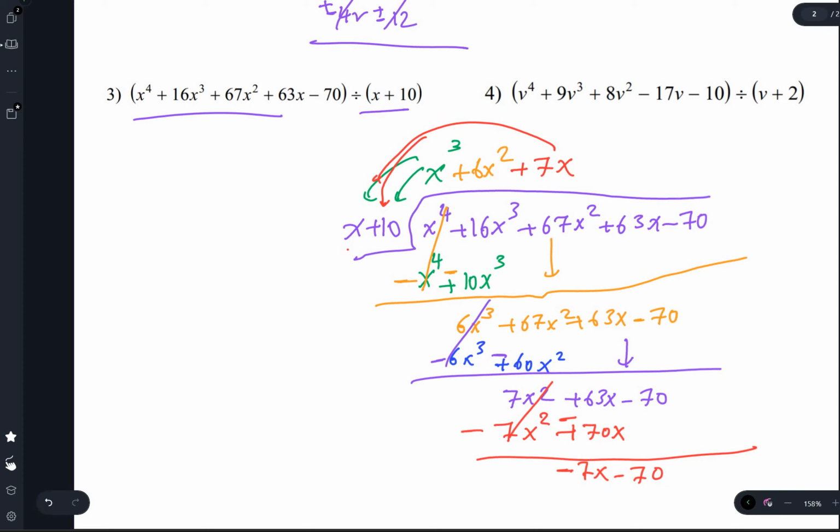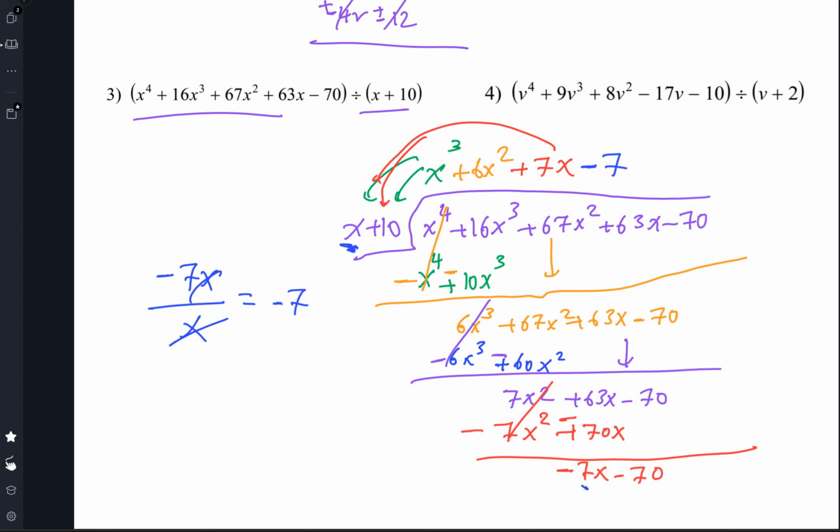Okay, we are close to the answer. Finally, negative 7x divided by x, because again first term by first term. Remember, negative 7x divided by x, cancel, equals only negative 7. So we write here negative 7. Multiply by both of them, and we get negative 7x minus 70.